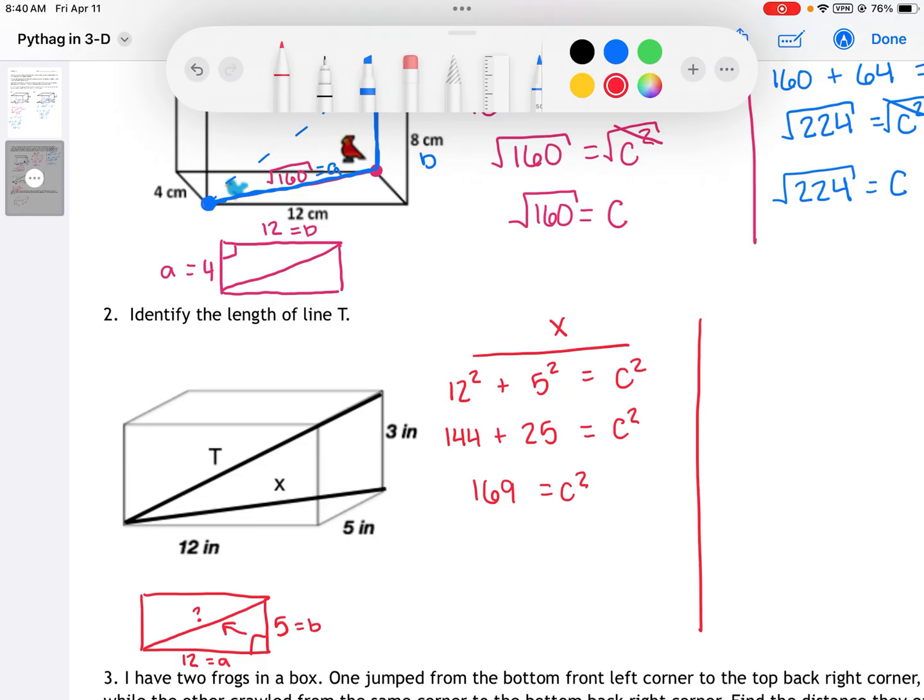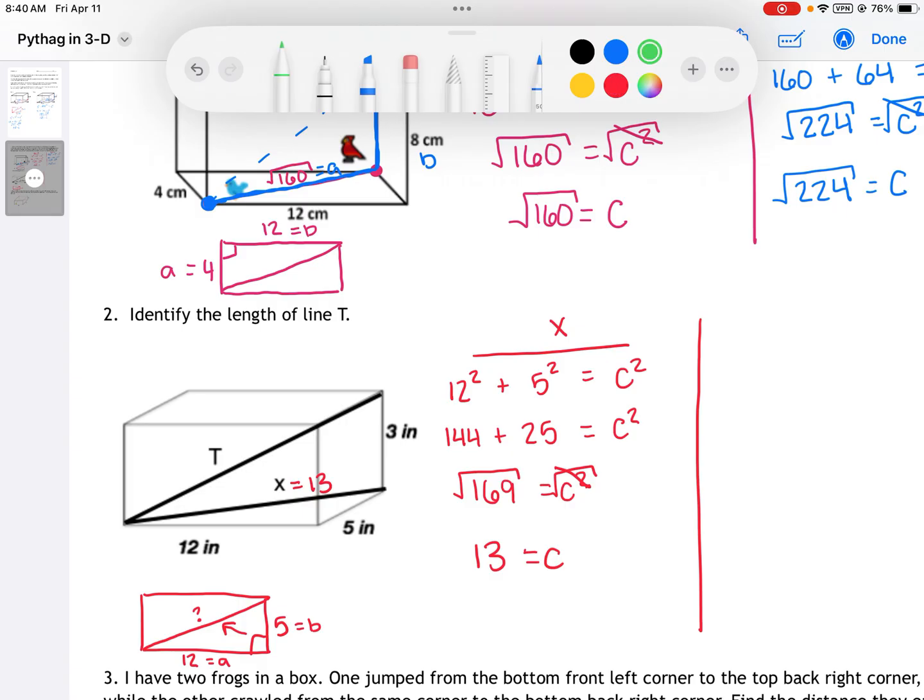The last step for solving is to take the square root of both sides. If I square root this side, I've got to take the square root of the other side. Those cancel out. So we're left with the square root of 169, which is 13. So C equals 13, that means x equals 13.